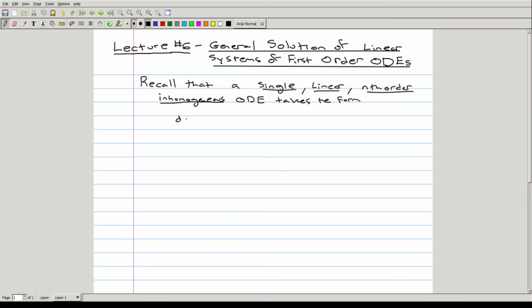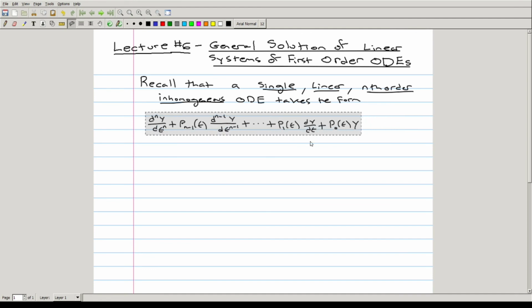That's the nth derivative of the unknown function y with respect to t, plus some function p n minus 1 of t times the n minus first derivative of y with respect to t, all the way down to p1 of t times y prime, or dy/dt, plus some function p naught of t times y, in general is equal to some function g of t.